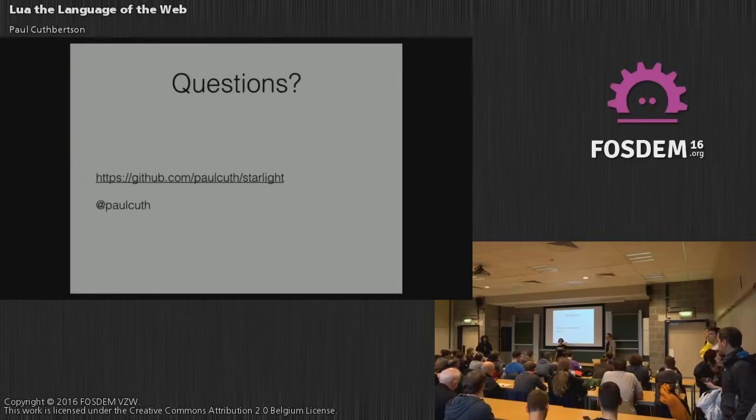Then I ran into a problem because Moonshine takes bytecode and runs it on the virtual machine, and there was a problem when we were running Sailor over LuaJIT because the bytecode generated is completely different. So I contacted Paul because he was working on Moonshine, and he told me, oh, I actually have this other thing which is called Starlight.